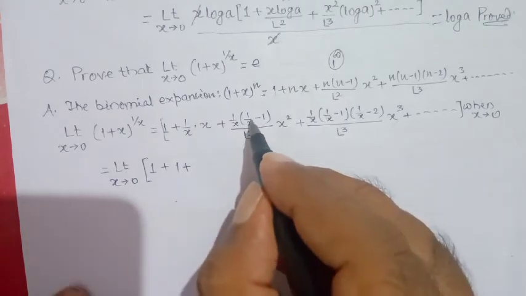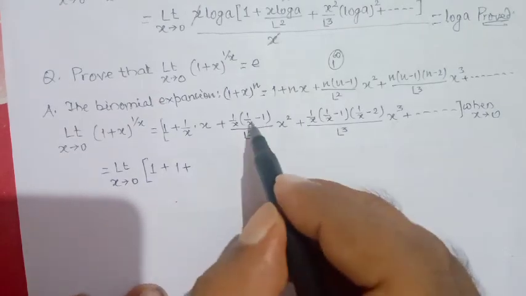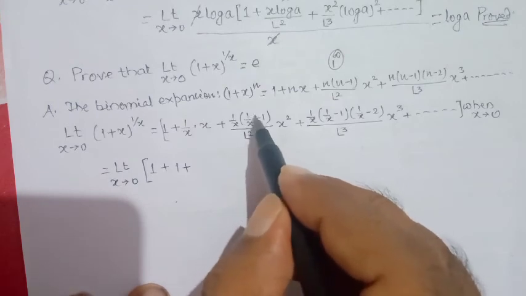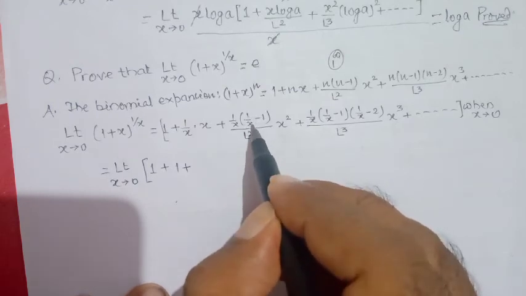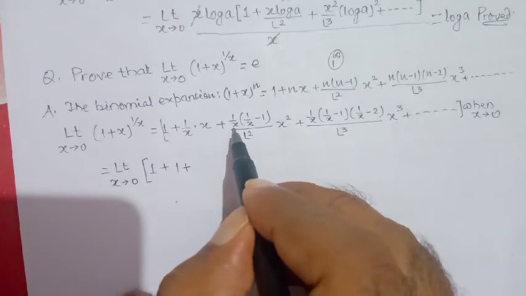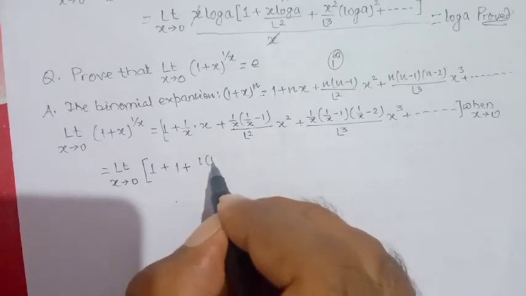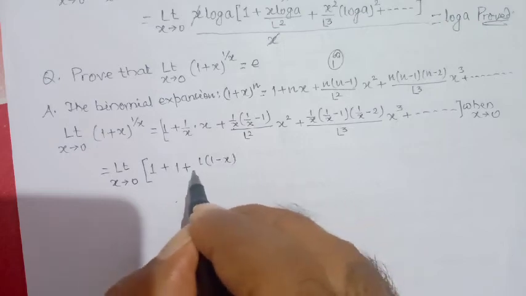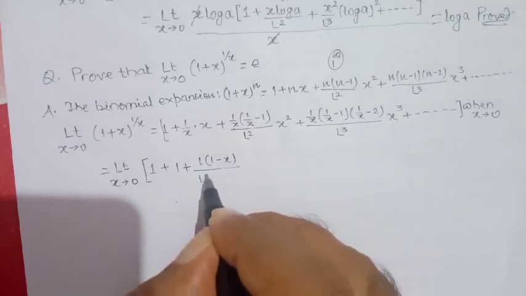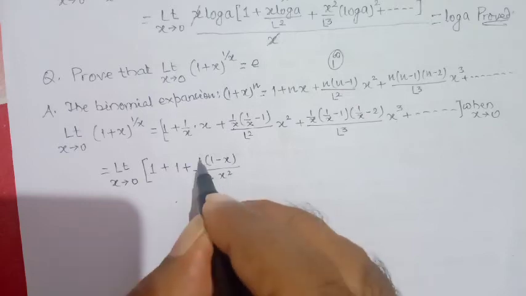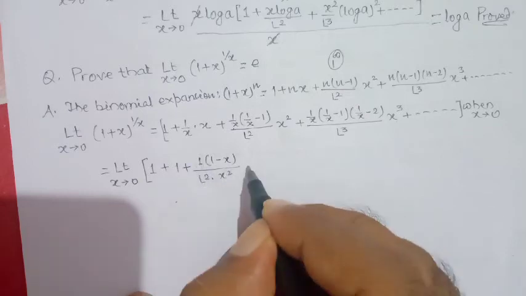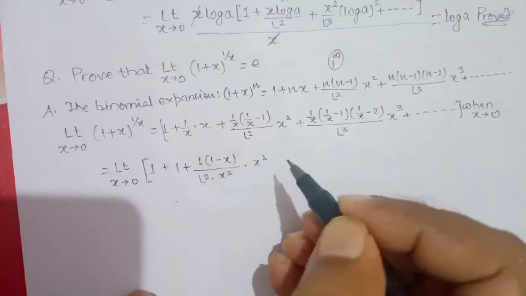Take out the LCM, so this is (1 minus x)/x multiplied with this x becomes 1 into 1 minus x by factorial 2 into x square, this term, and this is x square.